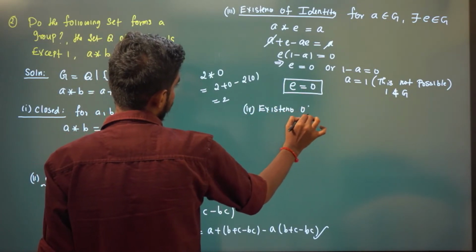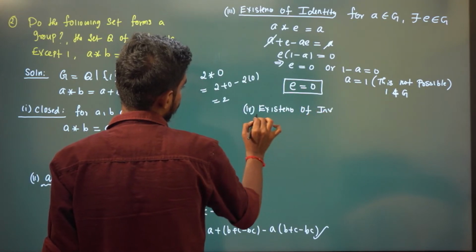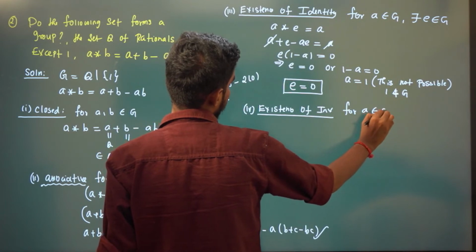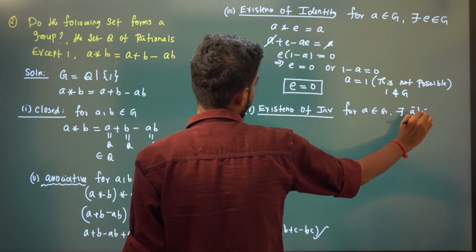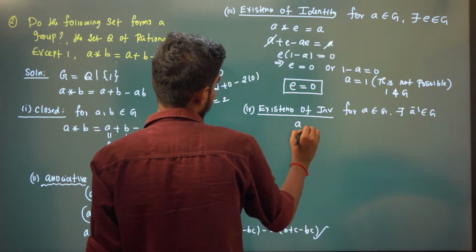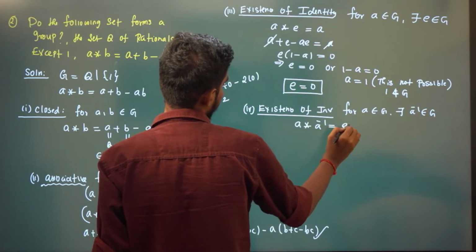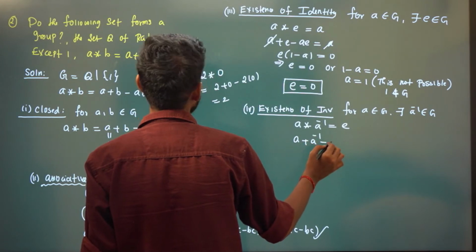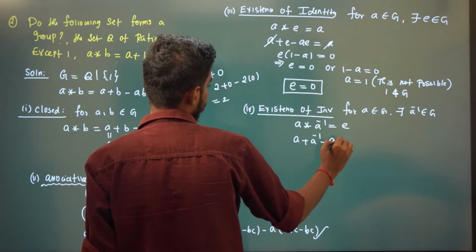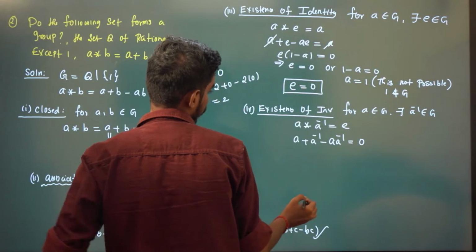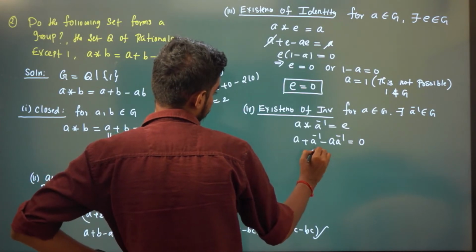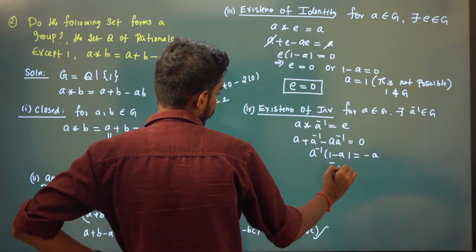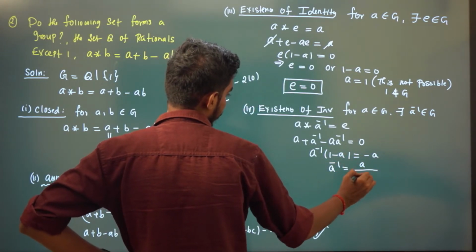Existence of inverse. For A belongs to G, there exists A inverse in G such that A star A inverse has to give me E. So this will be A plus A inverse minus A A inverse, and E is 0. So if I take A inverse outside, we will have 1 minus A, equal to minus A. So A inverse is A divided by A minus 1.